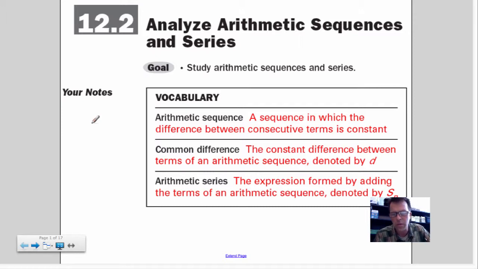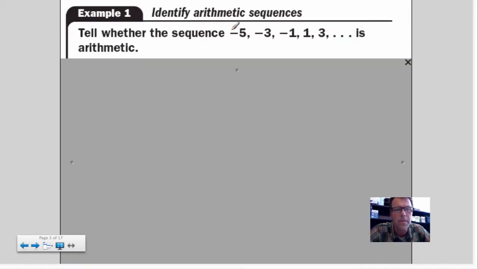That common difference we usually denote by the letter D. If I wanted to add up all the numbers in an arithmetic sequence, we call it an arithmetic sequence. Again, the big word in this section is arithmetic, and that's when your sequence of numbers has a common difference. So like here, would we define this sequence of numbers as arithmetic?